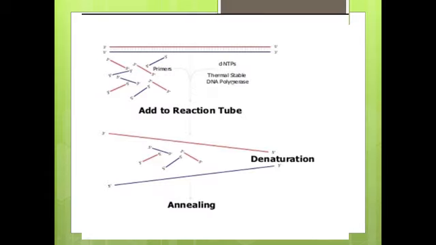Here you can see these were the parent DNA molecules. So this red line is one strand and the purple line is the other strand. These short lines which you observe here are the different primers. And here are the deoxynucleotide triphosphates.